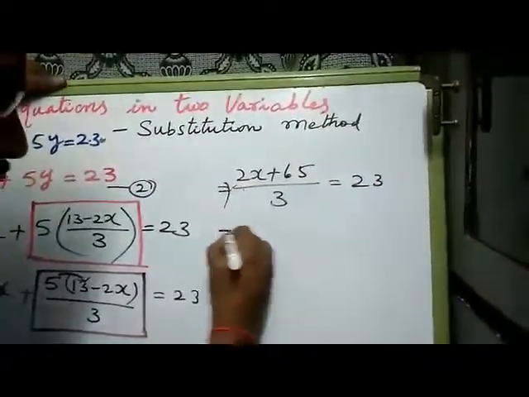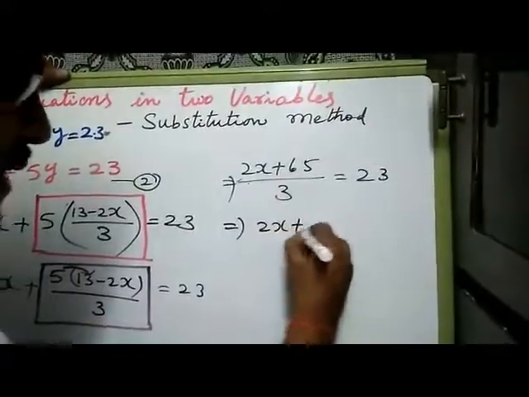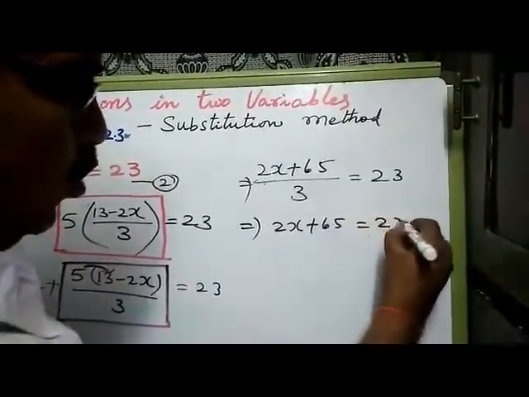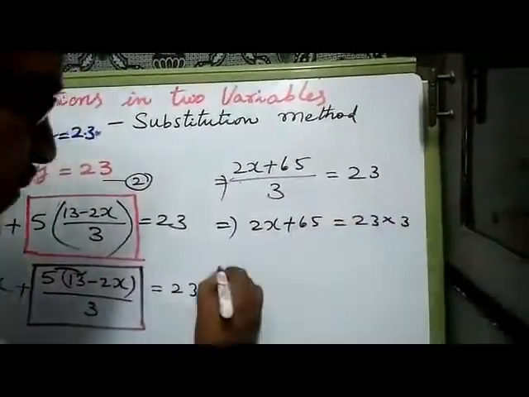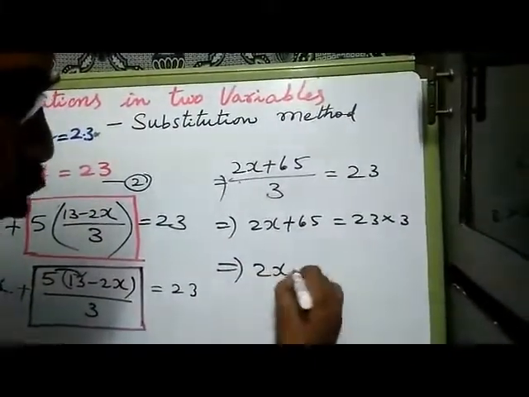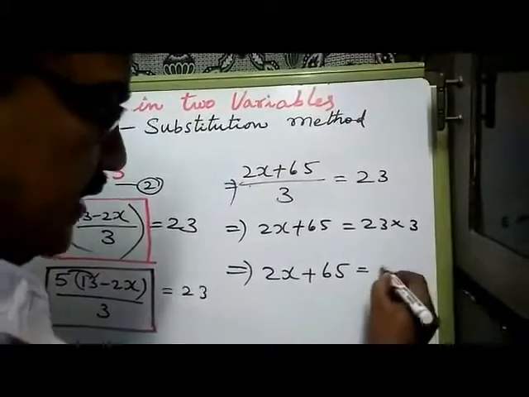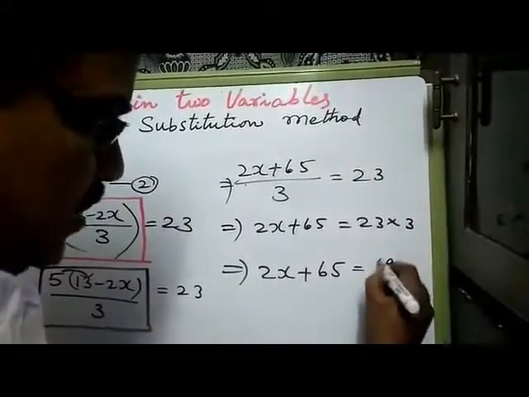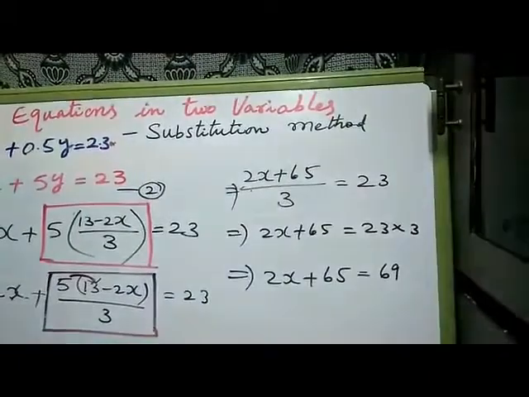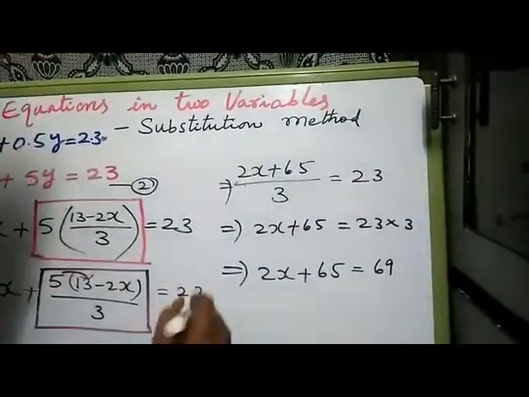That implies 2x plus 65 is equal to 23 into 3. What is that answer? 3 3s are 9, so 23 3s are 69.